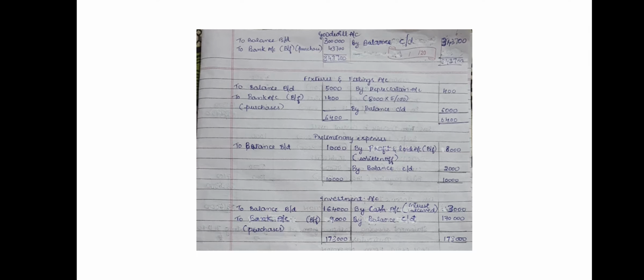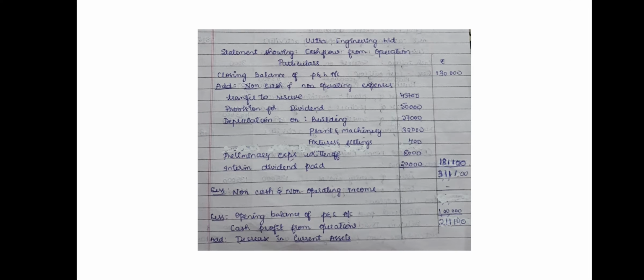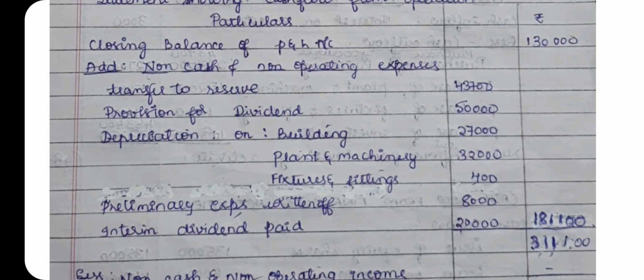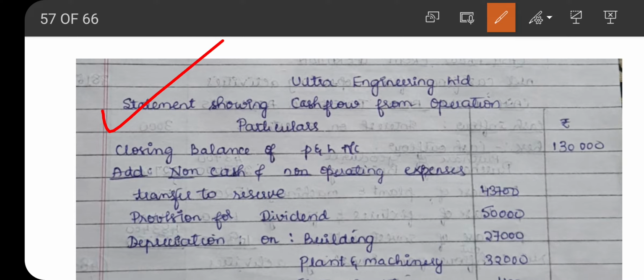So we are done with all the working notes. So now we'll prepare cash flow from operating activity. Ultra Engineering Limited statement showing cash flow from operation.